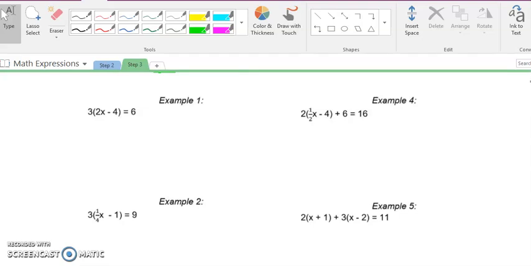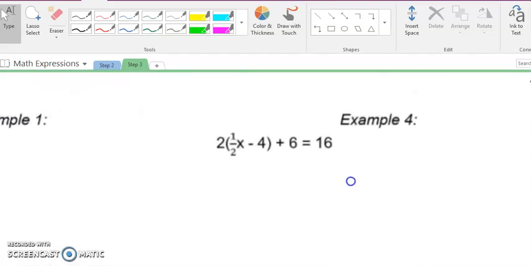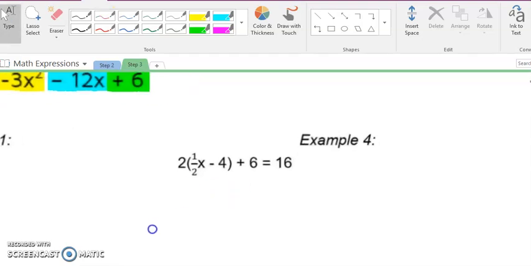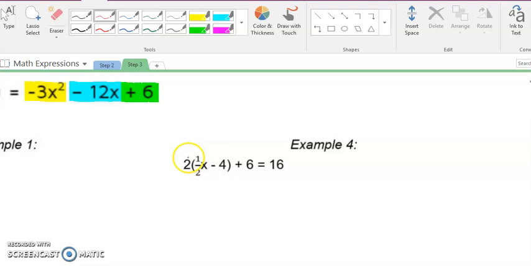Let's practice a few examples. In example 4, we have a 2 outside the parentheses or a 2 outside the club, and it needs to distribute inside the parentheses. Again, how many terms are there? We have a half x and we have a negative 4.